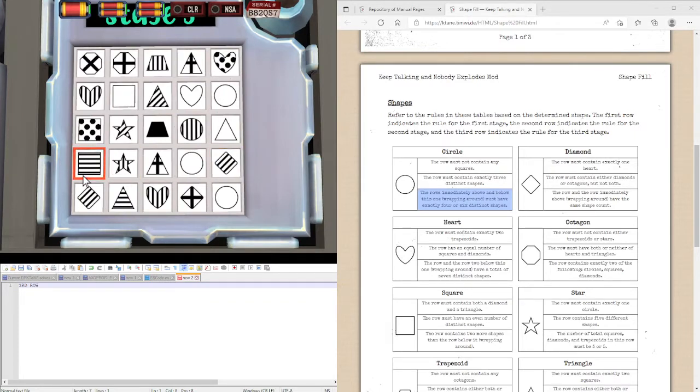So this row, 1, 2, the square, star, trapezoid, circle, triangle, heart, and diamond. 7, that's too many. And finally, square, star, triangle, circle, diamond.